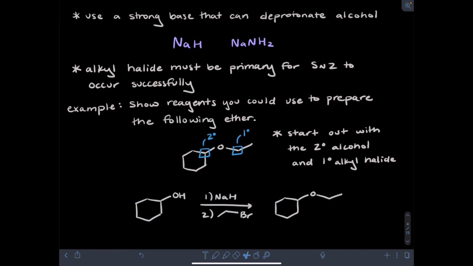So what my efficient synthesis would look like is starting out with cyclohexanol, treating it with a strong base, sodium hydride, followed by bromoethane, and this would generate the desired ether in the highest yield possible. If I'd reversed this and made the cyclohexyl group the alkyl halide instead, this synthesis would not be efficient because you cannot perform SN2 reactions efficiently on secondary alkyl halides.